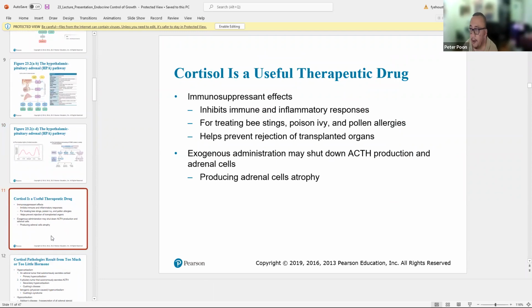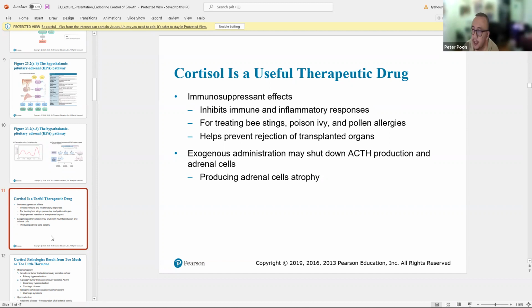Cortisol is a useful therapeutic drug, so I'm sure you guys have cortisol lotion somewhere in your house. It's what you put on itches, like bee stings, mosquito bites, and stuff like that, by inhibiting the inflammatory immune response.